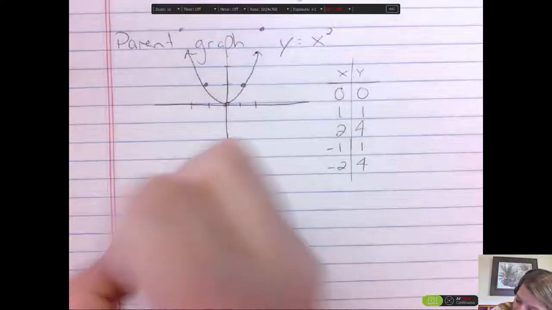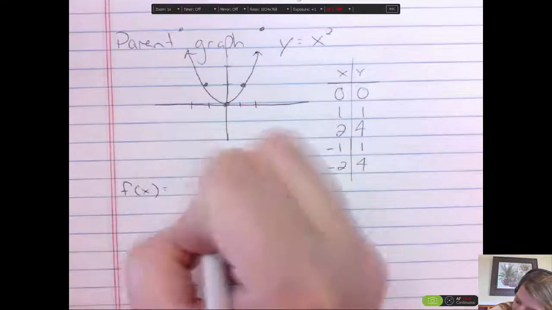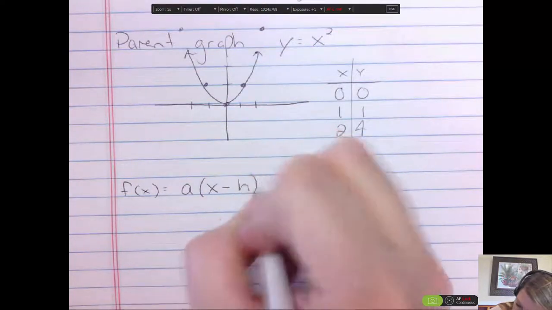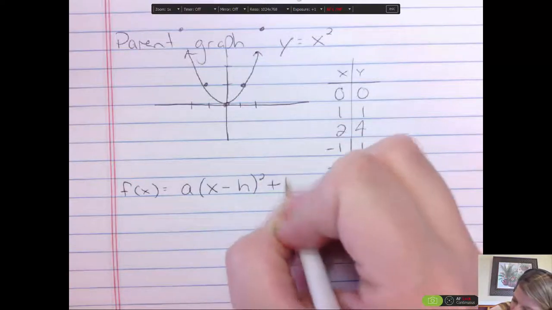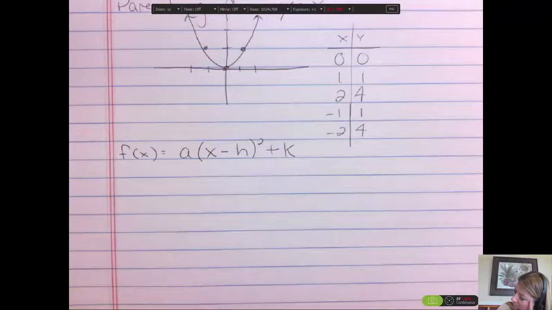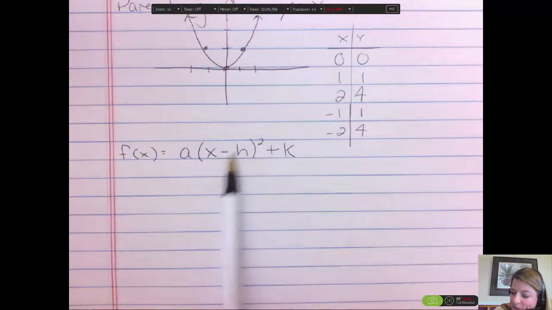First of all, our vertex form looks like this, plus k. I would love to show a couple of the basic things on a calculator, but we'll just talk about it and I'll graph a couple for you. Basically we'll have a number in front of our squared section.